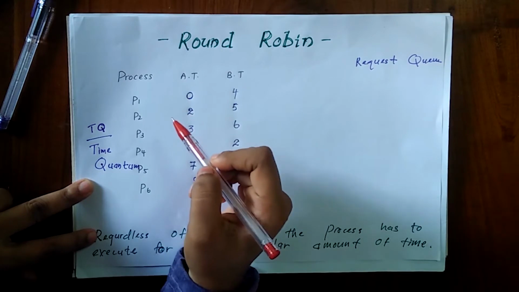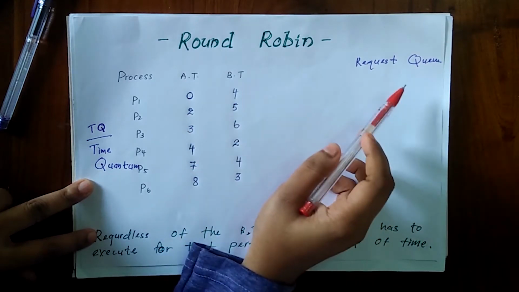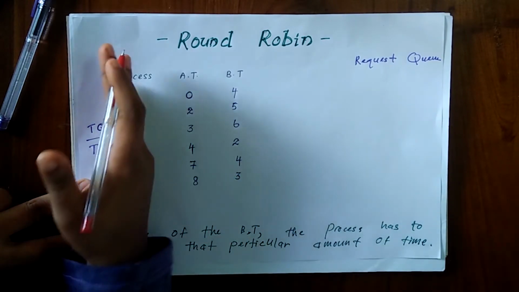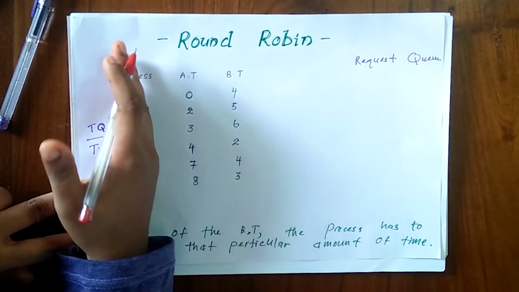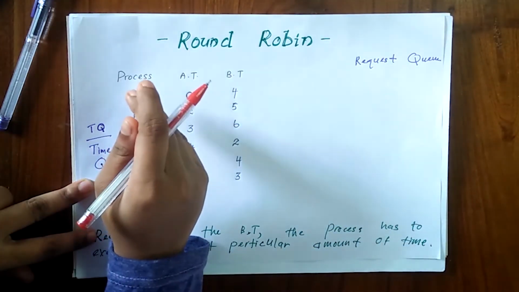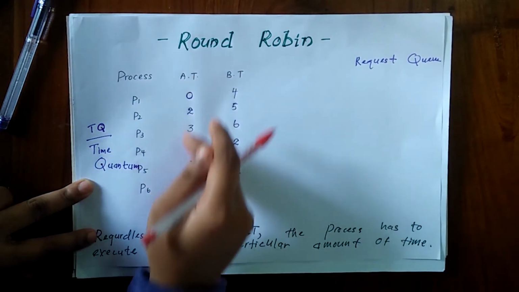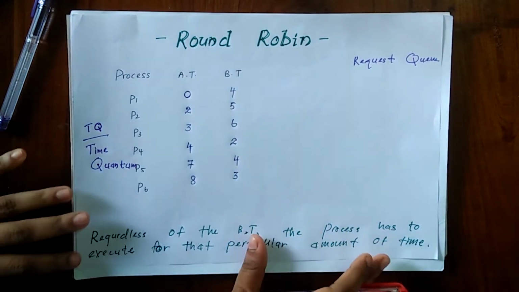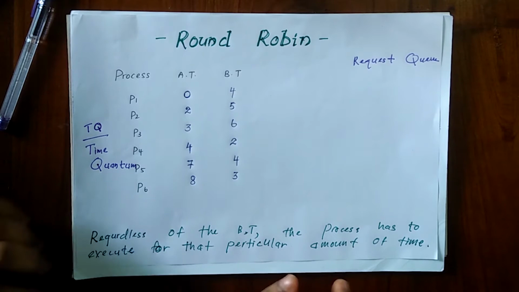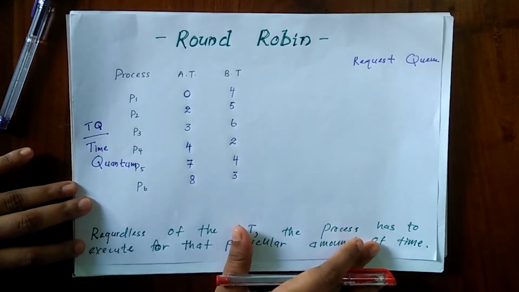So in the request queue, when the processes are arriving, we put those processes in the order of their arrival time. Those are the basic things that I wanted to tell you.